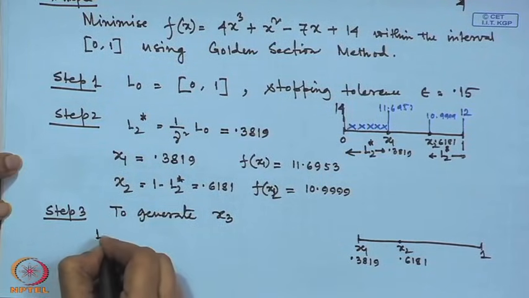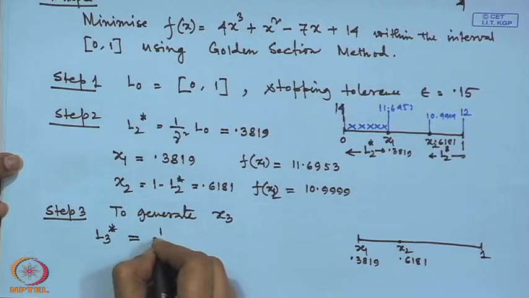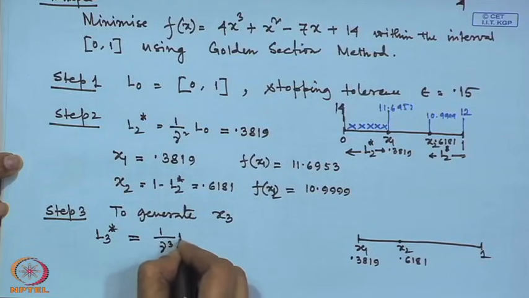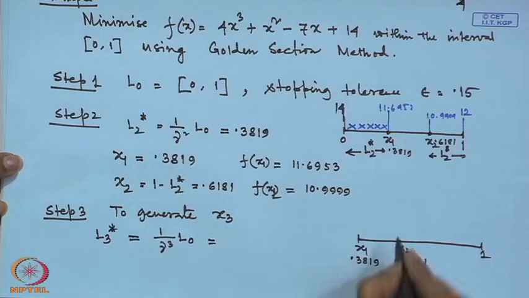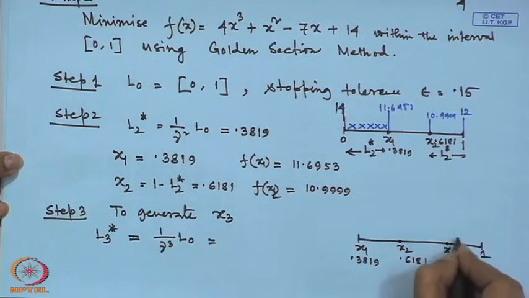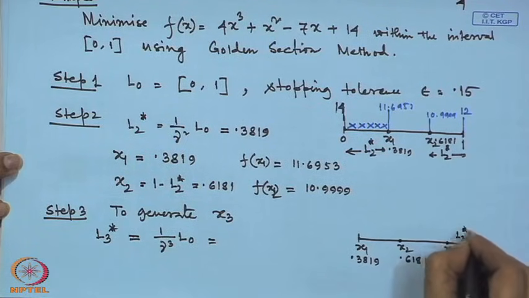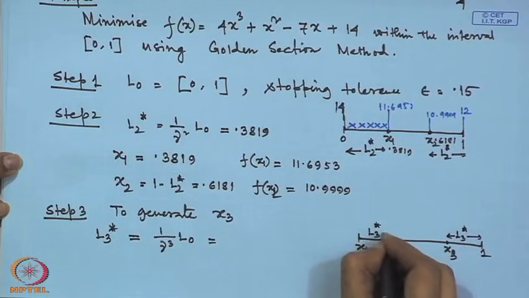For that we need to generate L3 star, and we will get L3 star equal to again the same, 1 by gamma cube L naught. And x3 will be such that the current two experiments, that is x2 and x3, will both be L3 star distance apart from both the ends. That is why this length would be L3 star, and again this length will be L3 star.